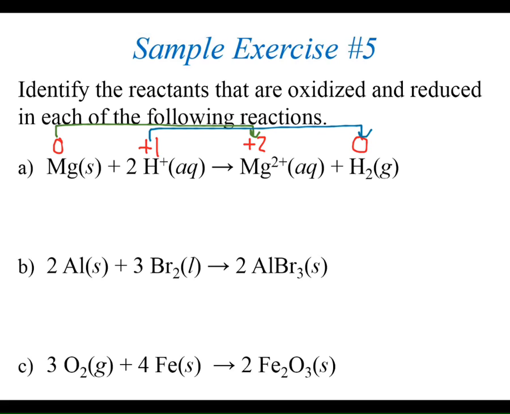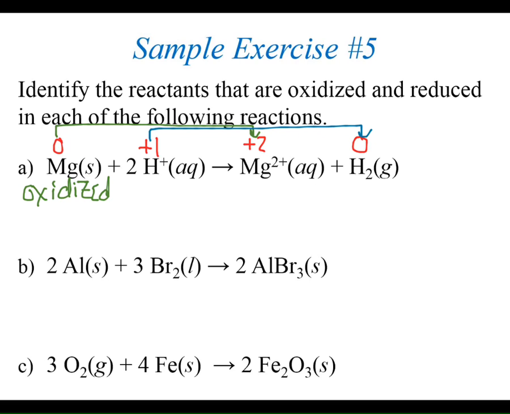Okay, so magnesium went from 0 to +2. Did it lose negatives or gain negatives? It lost some negatives, right? So if it lost negatives, that means magnesium was oxidized. It underwent oxidation.